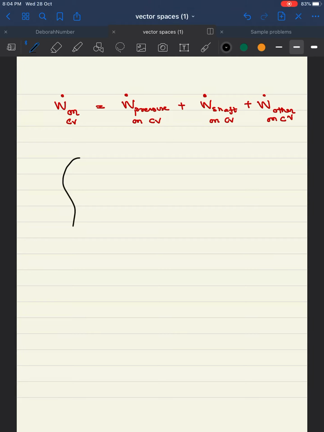So let us just draw an arbitrary control volume, and let's say there is an arbitrary small area dA, and this is an infinitesimally small area, and the outward normal here is given by n hat, and the velocity vector here has some other direction. This is the velocity of the particles passing through the control volume.